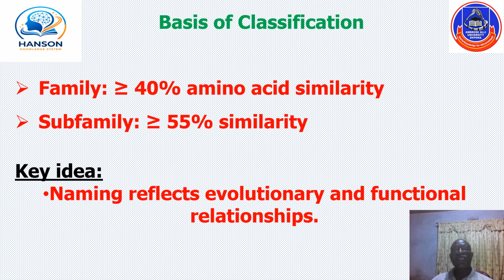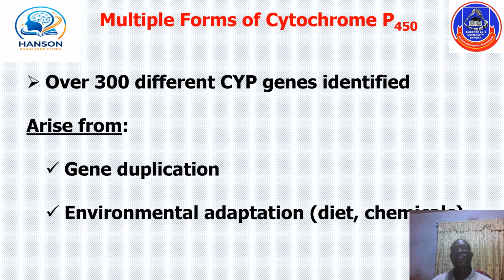We must note that naming reflects evolutionary and functional relationship. There are over 300 different cytochrome P450 genes that have been identified.